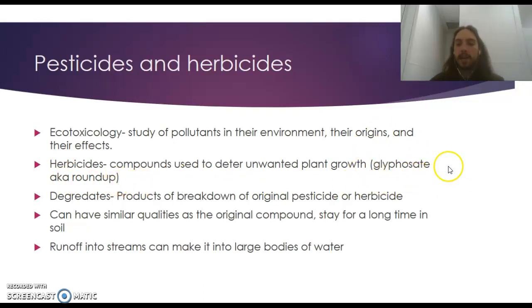Glyphosate is totally safe for humans. It only affects plants. It affects the plants' physiological energy cycles. So we have completely different energy cycles than plants do. It is completely safe. Glyphosate, aka Roundup, is a safe compound. So when people talk about Monsanto as an evil corporation, they're talking about it for the wrong reasons.